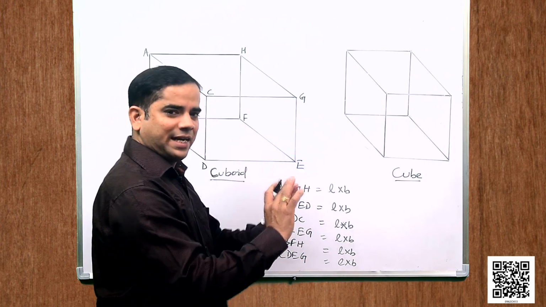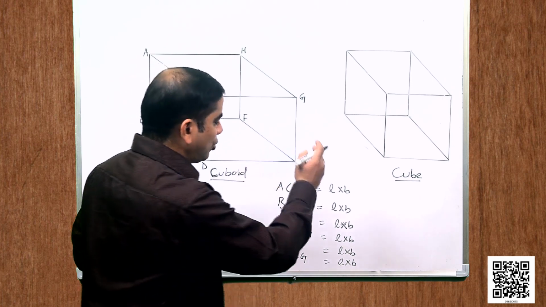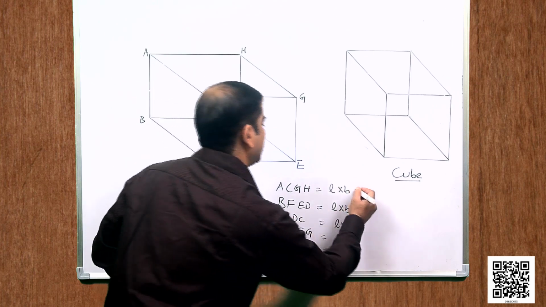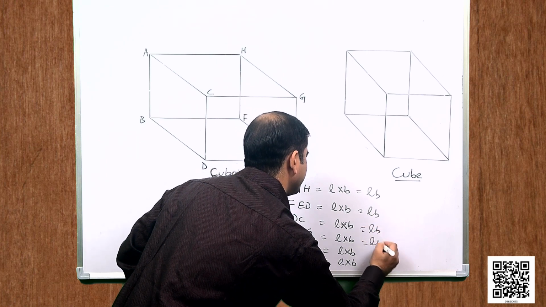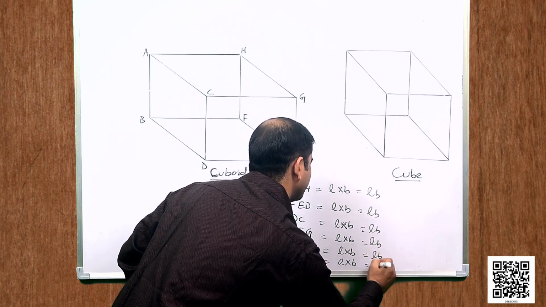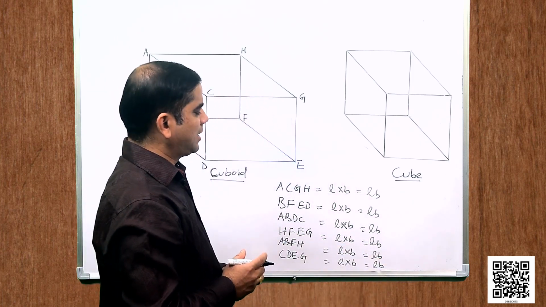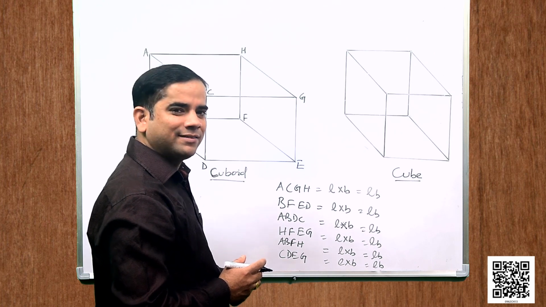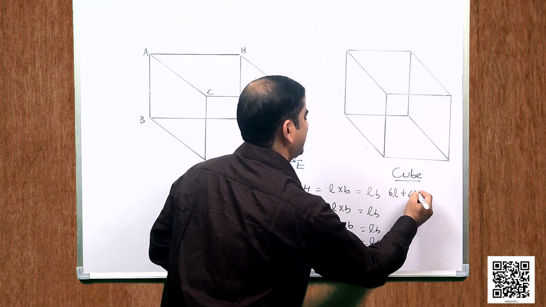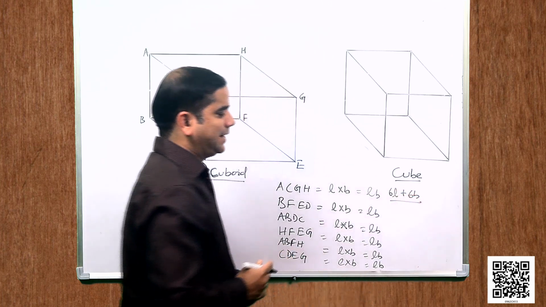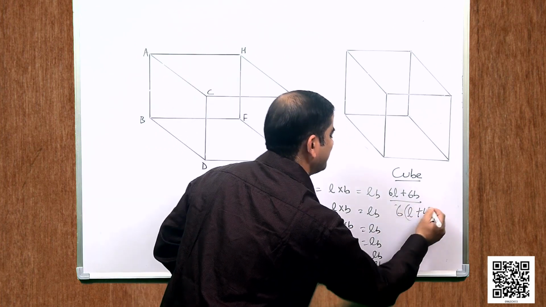So when I add all this, I have 6L plus 6B, isn't it? So 6 into (L plus B).